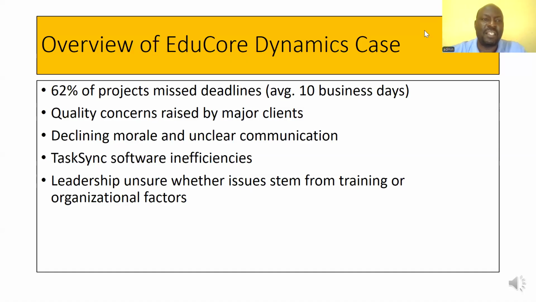We see that there are quality concerns raised by major clients. We see declining morale and unclear communication. We see task sync software inefficiencies. We see leadership that is unsure whether issues stem from training or from other organizational factors.